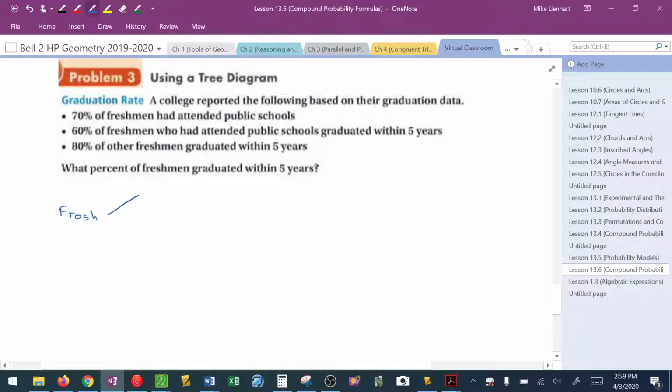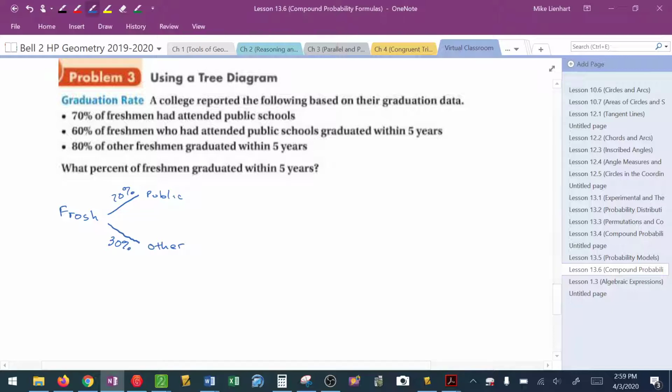So I'm going to make 2 branches here. I know that they either attended public school or something else. And I know that that would be 70%. Now, if 70% attended public school, that means that the other would have to be 30% because it has to be 100% of the freshmen.